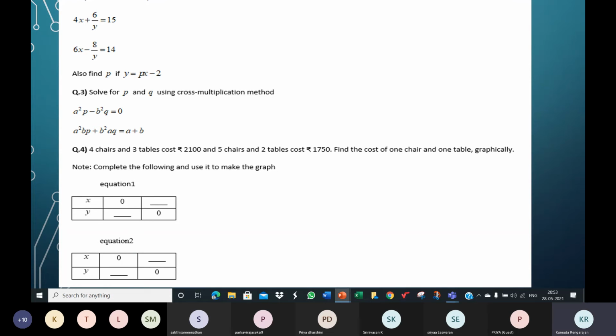Mostly when they ask you to solve a word problem graphically, you will be able to find the exact value on the graph paper. Only such questions will be given. Questions like this one, where the cost is 175 and 375, may be asked to solve algebraically, not graphically, because it's difficult to get that exact solution.